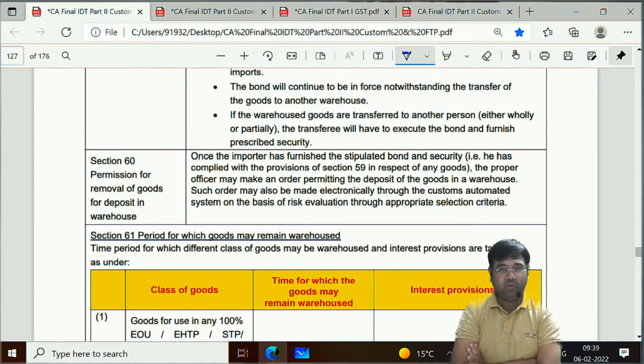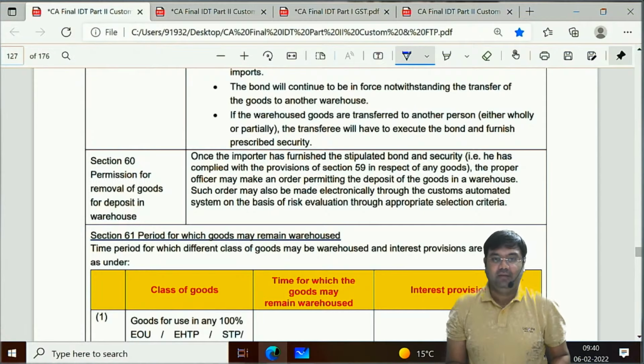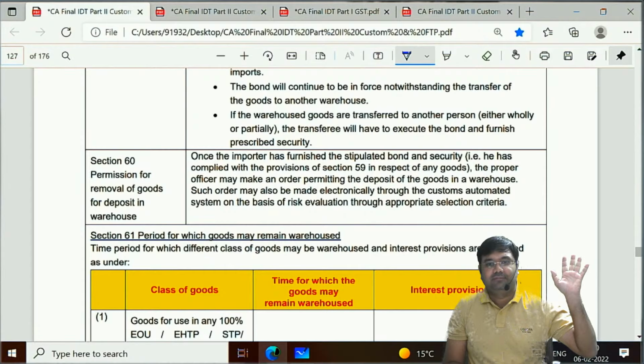So now does that bond have any value, because that original importer already sold the goods? If suppose in future the government goes to him and says, please pay me the duty, he is going to say, sir, I already sold the goods. So where is the government's interest protected?